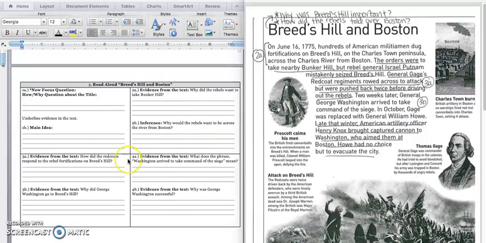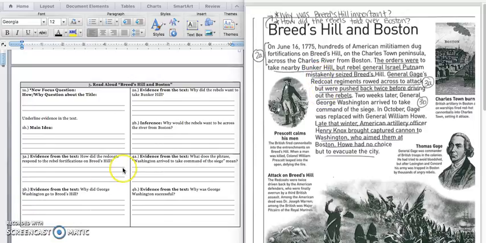It says, how did the redcoats respond to the rebel fortifications on Breed's Hill? So if we go back in our text to where the American militiamen fortified Breed's Hill, if we keep reading, we know that General Gage's redcoat regiments rode across to attack them, and they ended up driving out the rebels, which means that General Gage's British army rode across the river and they ended up beating the rebels.